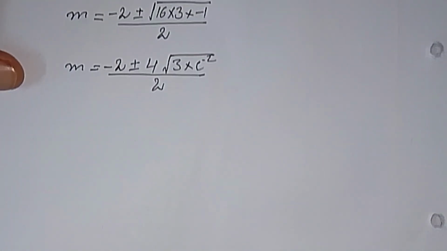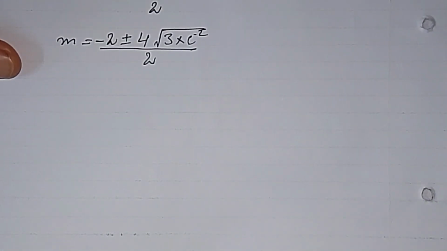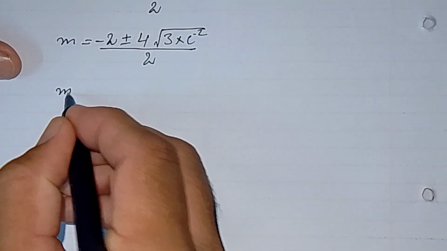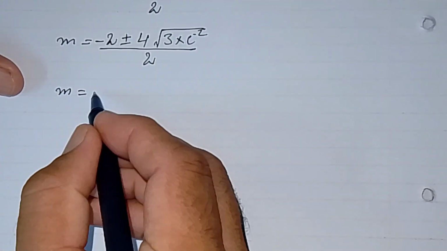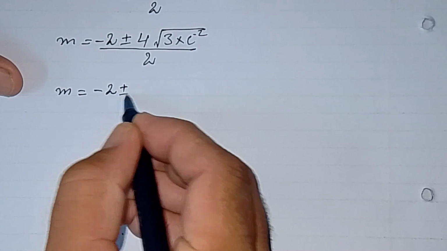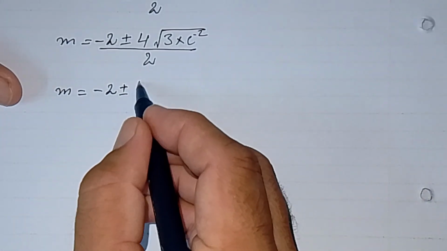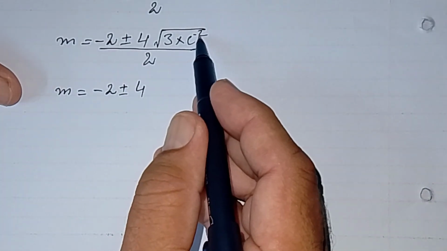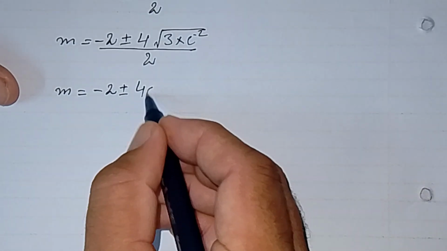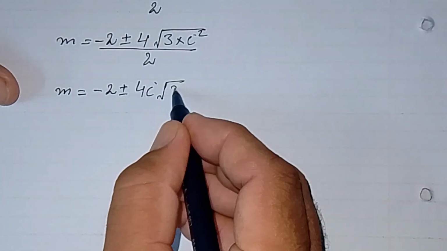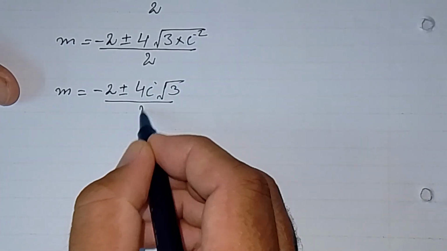Then m is equal to minus 2 plus minus 4, square root of iota square is equal to iota, under root 3 over 2.